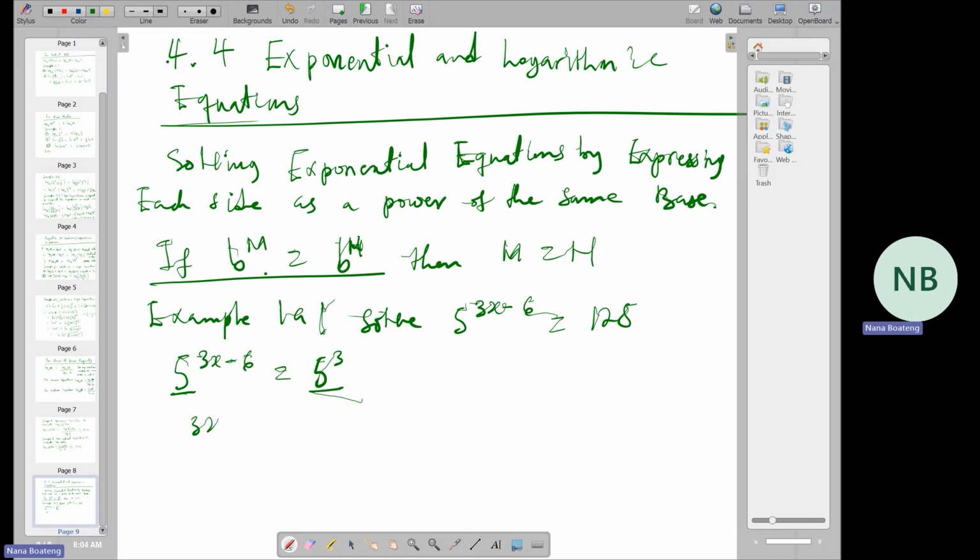So 3x minus 6 is equal to 3. If we add 6 on both sides, we have 3x is equal to 3 plus 6, which is equal to 9. If we divide both sides by 3, we get x is equal to 3. So the solution set is x is equal to 3.